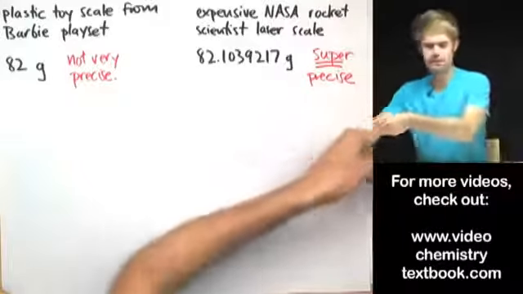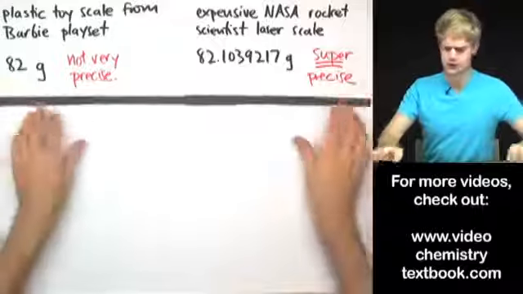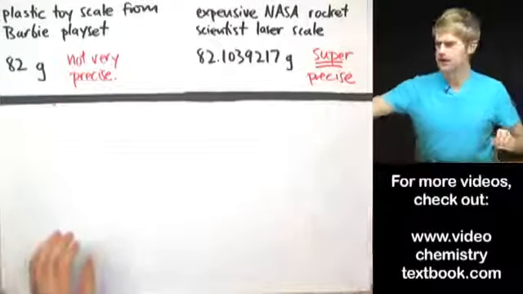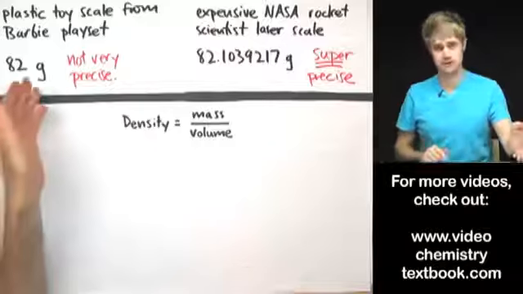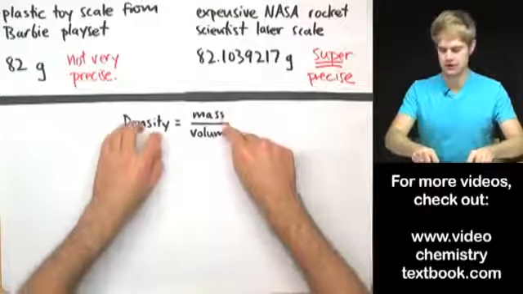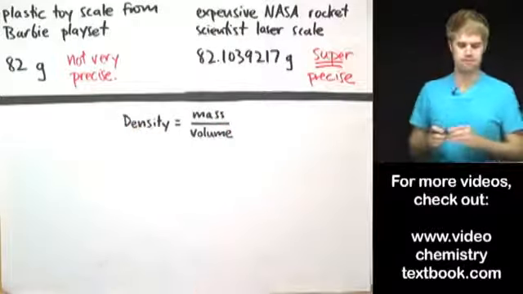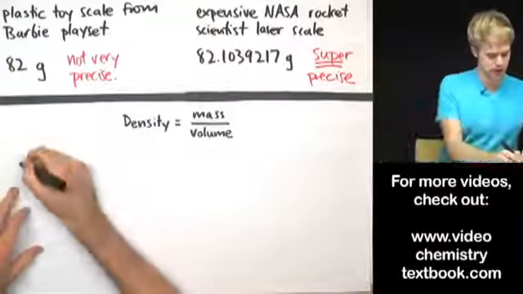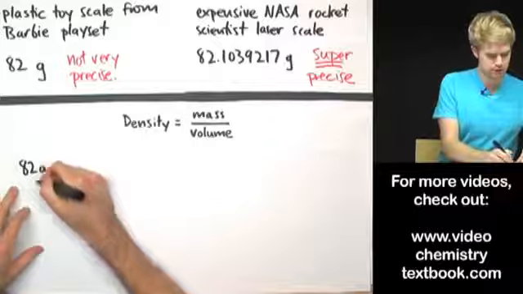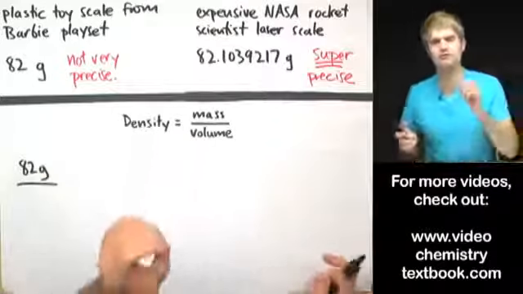Now, I've got these two values for the mass of the rock. Let's say that I want to use the mass of the rock to determine its density. To do density, I'll do mass divided by volume. So let me take the mass from the Barbie playset here. Okay, so I'll take 82 grams, that's the mass, and then I'll need to find out the volume of the rock.